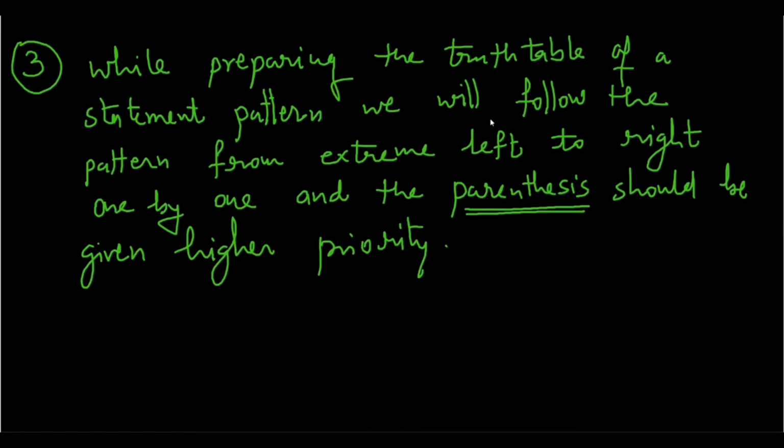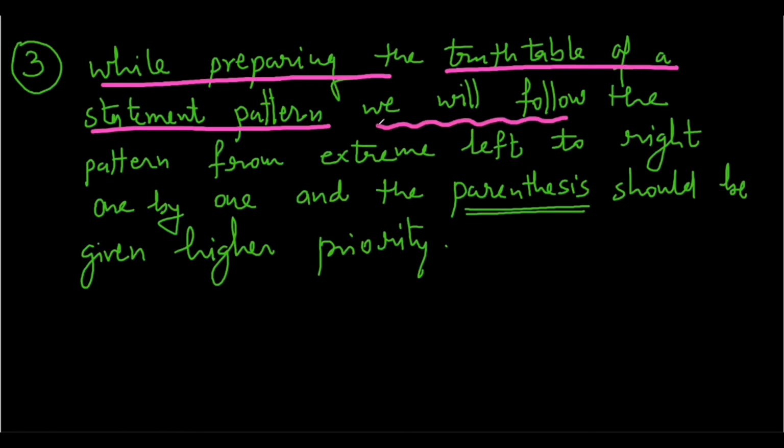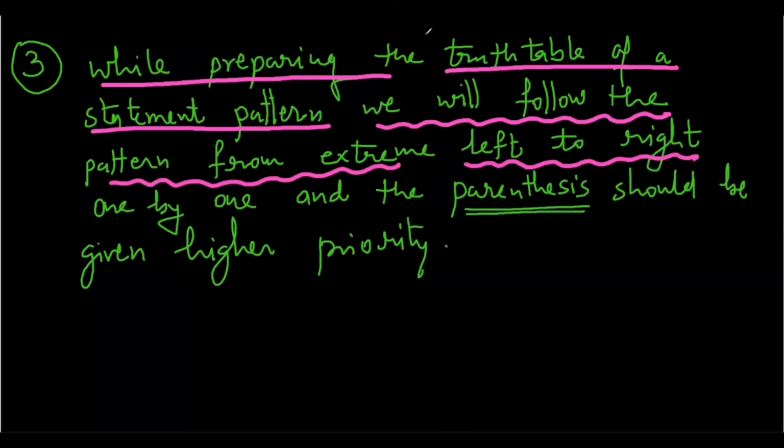Okay, so see what do I mean by this. I wrote, while preparing the truth table of a statement pattern, we will follow the statement pattern from extreme left to right. Okay, what does it mean? See here, suppose I have a statement pattern here, negation of P and Q implies R. So I have to follow from extreme left to right. When I'll be preparing the truth table, as you all know, students, the first 3 columns are always PQR.